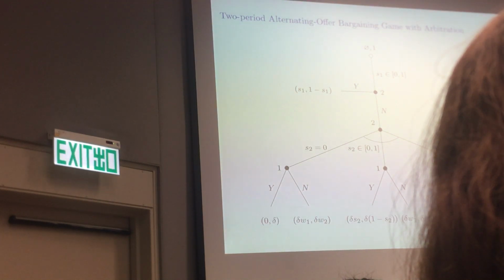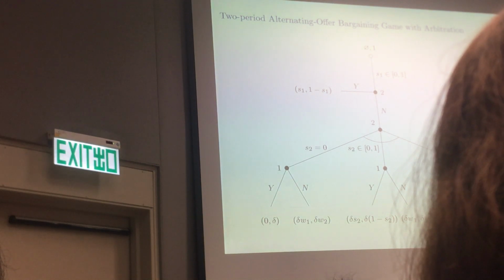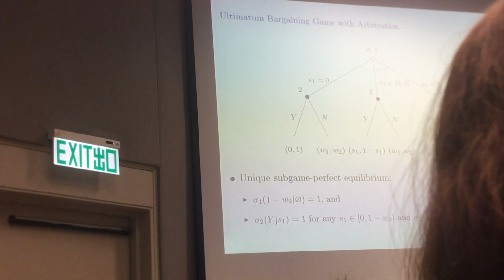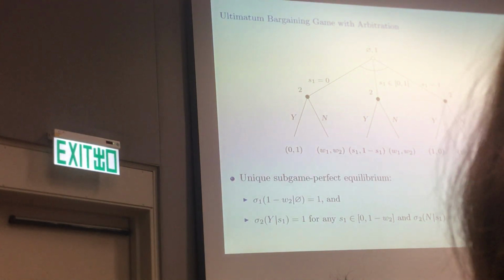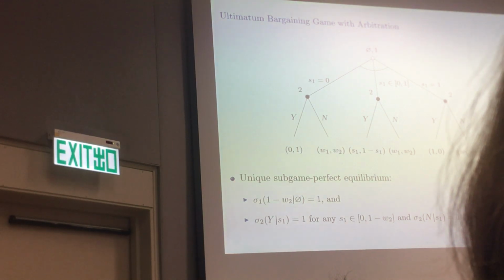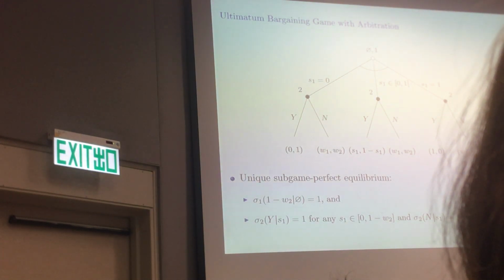However, we already know what happens if they play subgame perfect equilibrium. Going back to this slide, here we show that if player 1 and player 2 play the ultimatum bargaining game with arbitration process, then there are two players, proposer and responder.